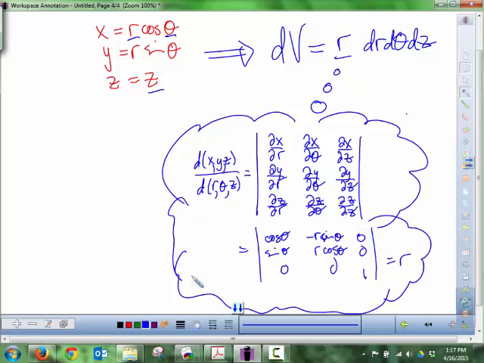And so when you work this out, you'll have some sine squared plus cosine squared business that will cancel out. Do you remember what this was called? This is called a Jacobian, and this is the last section in this chapter. Again, they don't talk about this.